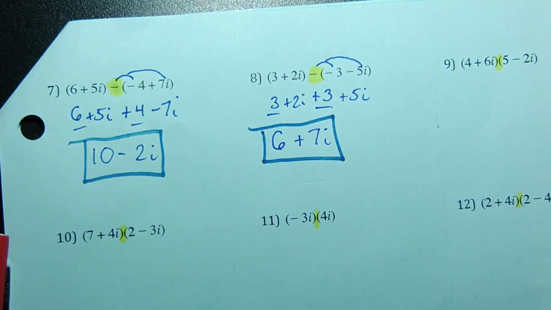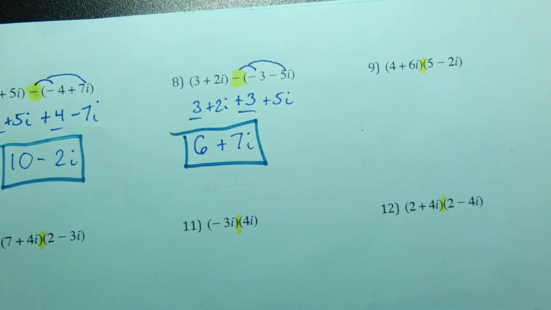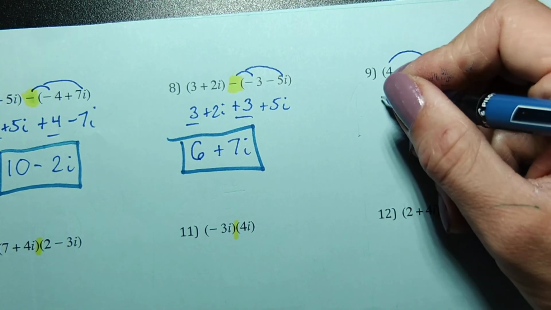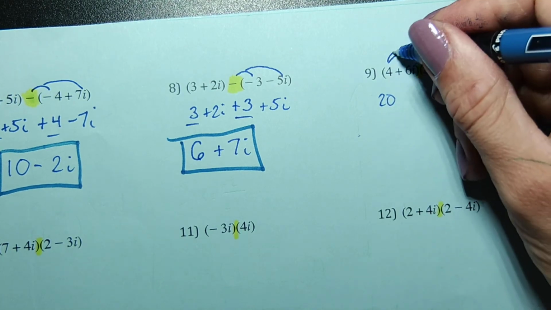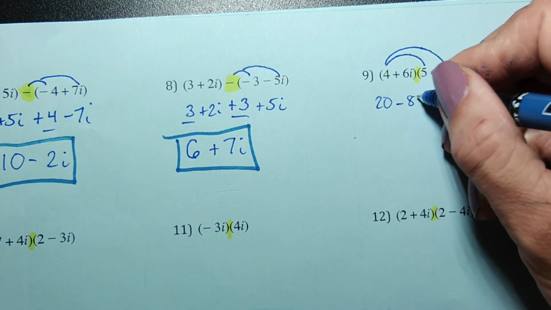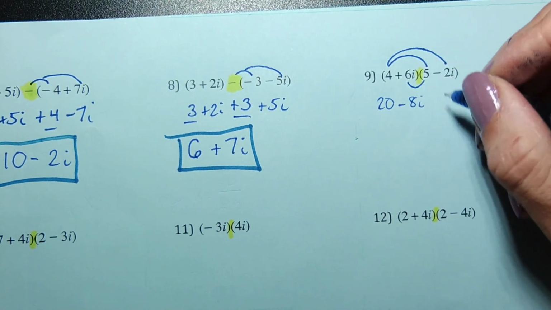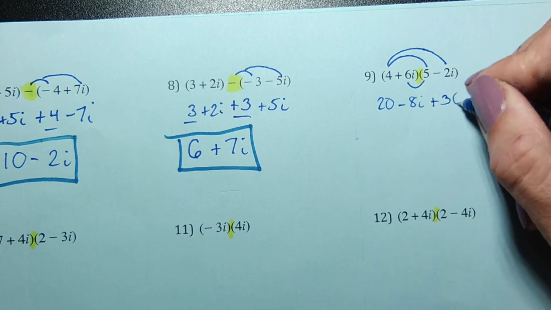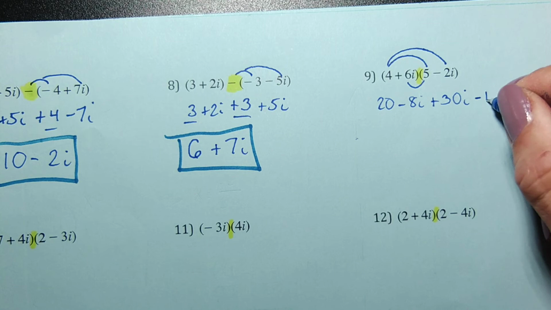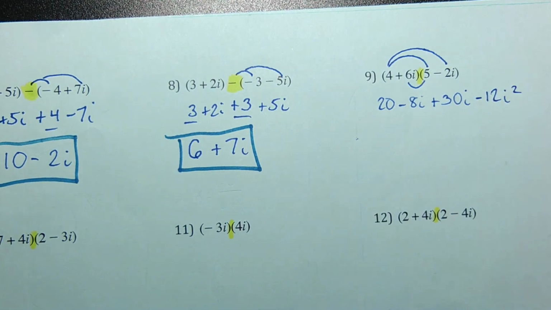What operation are we going to need to do on number 9? FOIL. 4 times 5, 20. 4 times -2i, so outside numbers together, -8i. 6i times 5, 30i. 6i times -2i is -12i squared. See if you can combine your like terms for this one, putting it in that complex form.